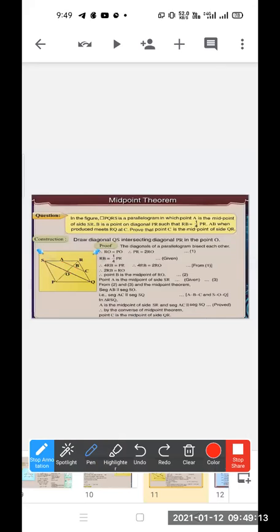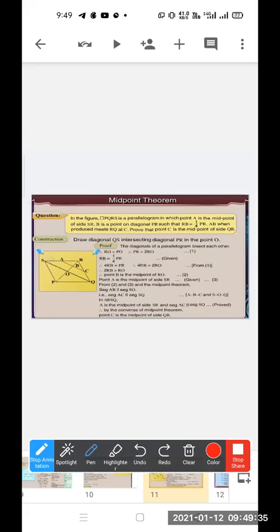Now in triangle RSQ, A is the midpoint of SR, and segment AC is parallel to segment SQ. Why are they parallel? By the converse of the midpoint theorem.